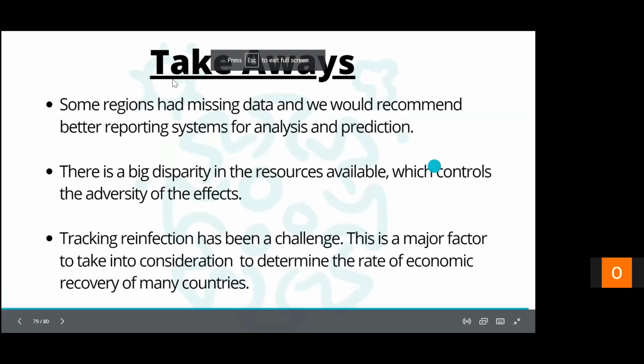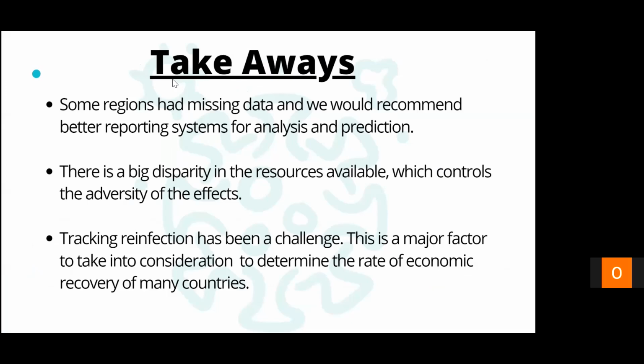For the first one, as they highlighted, some regions had missing data, and we would recommend better reporting systems for analysis and prediction. The whole point of this data analysis was to see how we can put it into actionable use. Now I'll go back to how I started in the introduction.